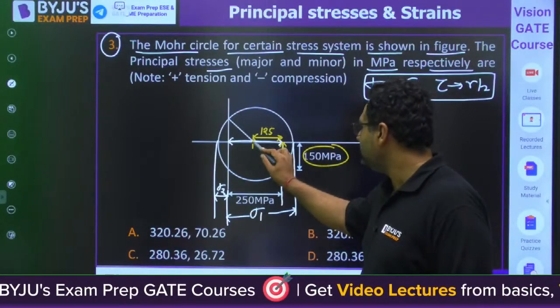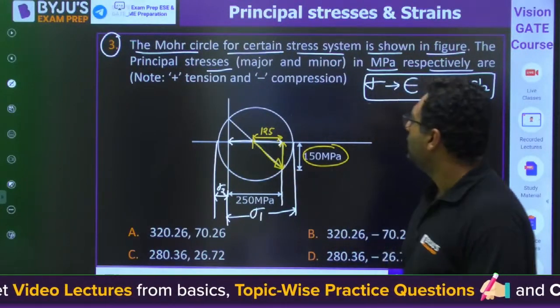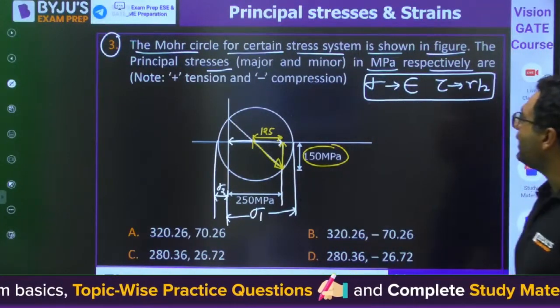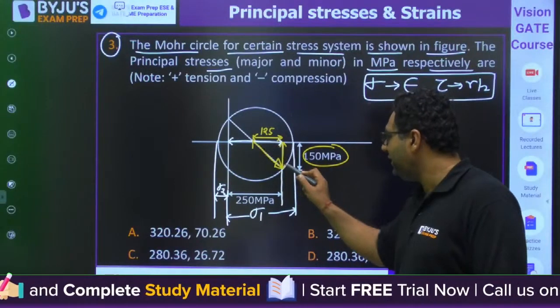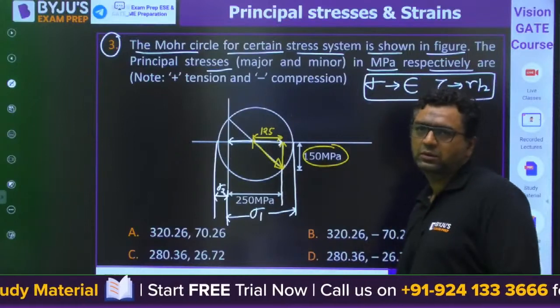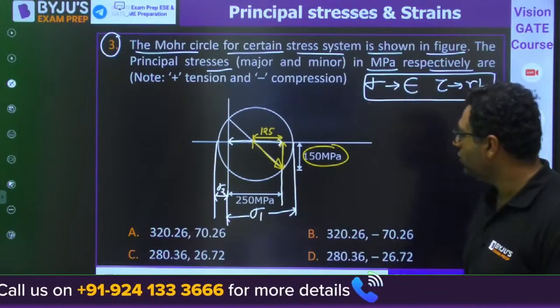So we can very easily find out this radius, because we need to find out the maximum and minimum. If you get the radius, you will be able to find out everything. Try to solve it.